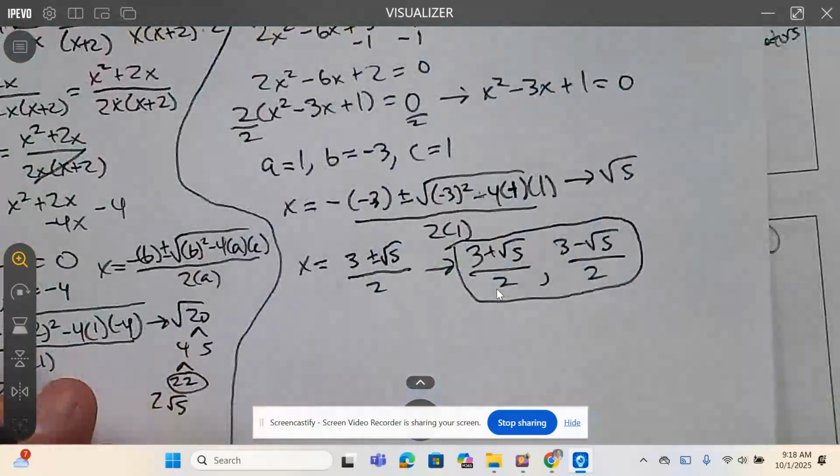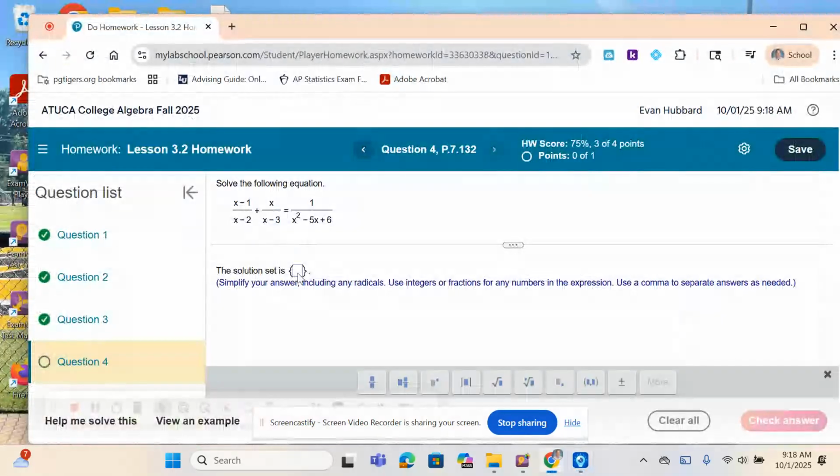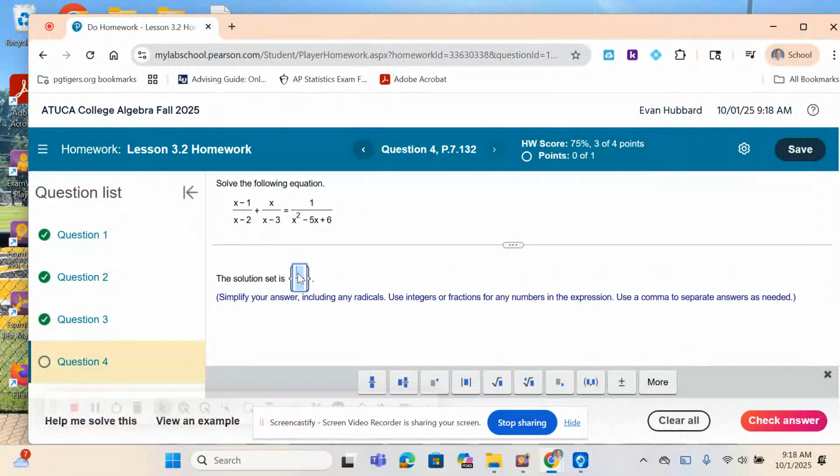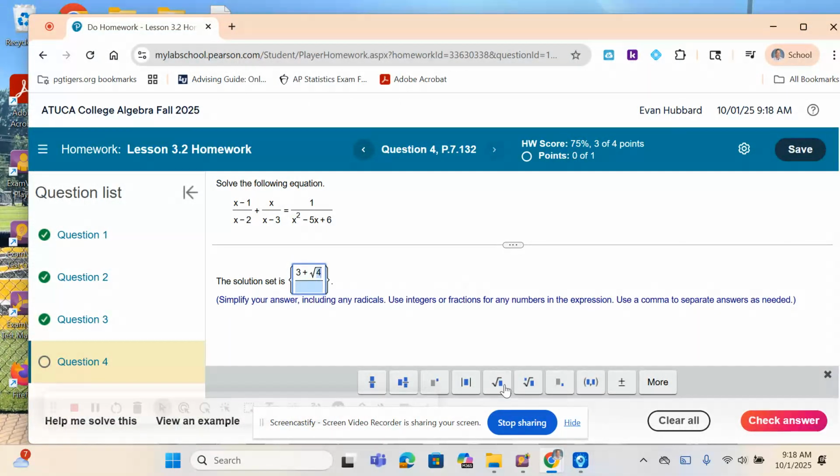Jeez, not only did I give you a quadratic, I gave you one that wasn't nice. 3 plus square root of 5 divided by 2, and then comma, 3 minus the square root of 5 divided by 2.